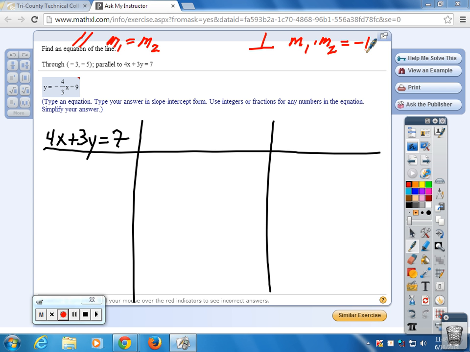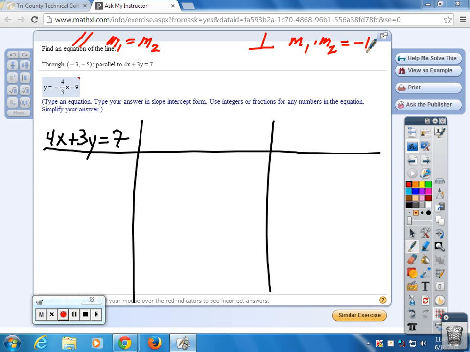All right. What's the next step here? Solve for y. Why do you solve for y? Because you got to have the slope.